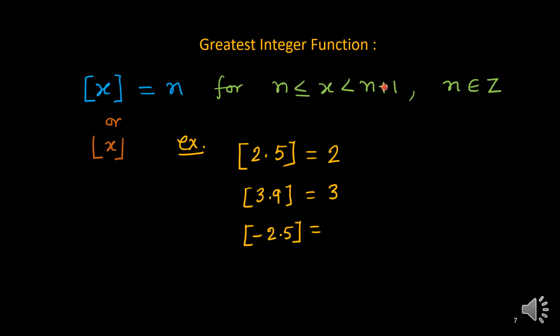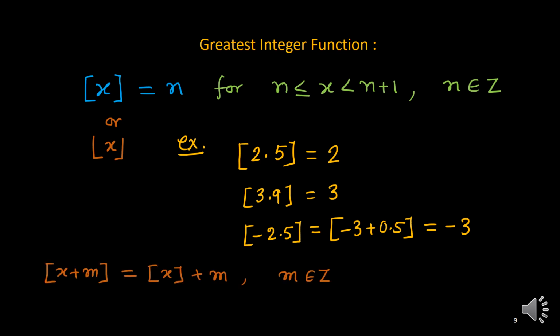Be careful here: this starts from minus 3, with equality, and goes up to minus 2. Within that you will find minus 2.5. We can also write this as minus 3 plus 0.5, and minus 3 is the integer part. So the greatest integer function will give you the integer value minus 3. So be careful about these negative numbers.